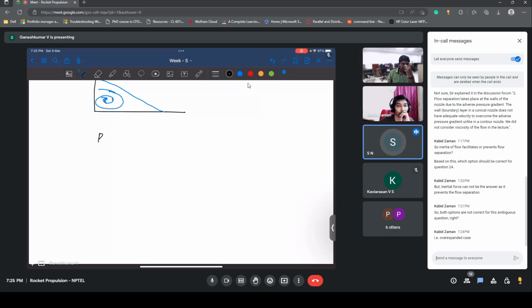We can afford to keep a much lower exit pressure, and the initial inertial forces help to delay the flow separation. So I think the question asks the same thing in a different manner. That's what I feel.